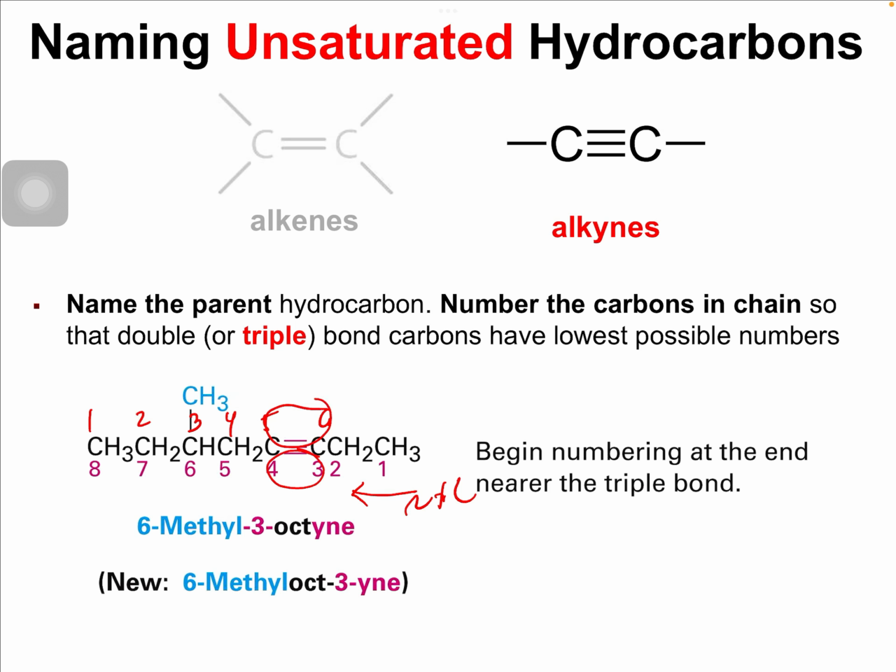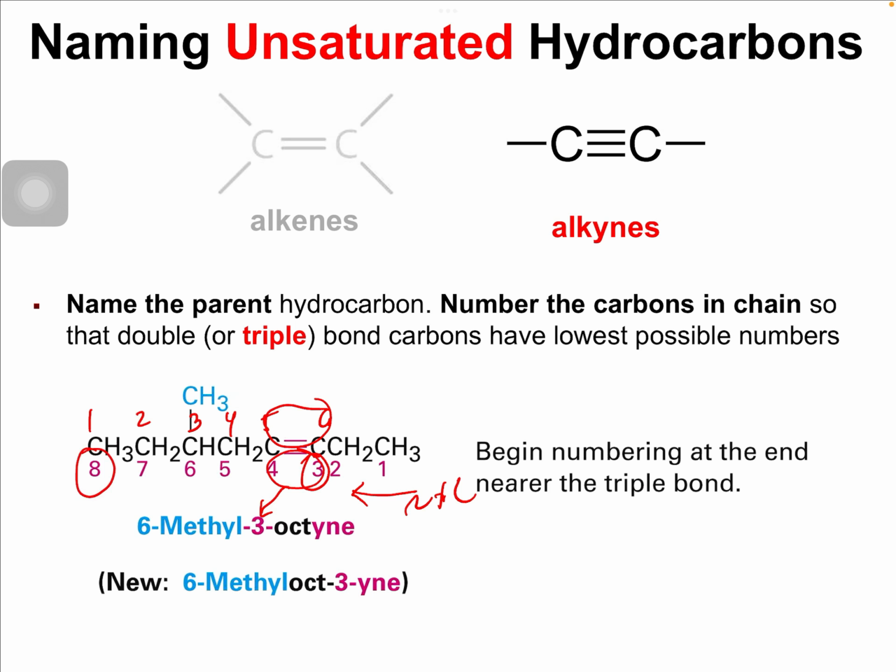Yung sinasabi ko class pala, na di ba dalawa yung numbers ng inyong double bond kasi nga nasa pagitan siya ng dalawang carbons. So ang gagamitin natin ay kung sino yung mas mababang number. So it's either 3 versus 2 or rather 4 versus 3 or 5 versus 6. So you go dun sa mas mababang number na 3, 4. So saan?